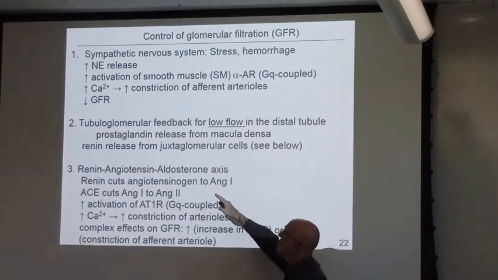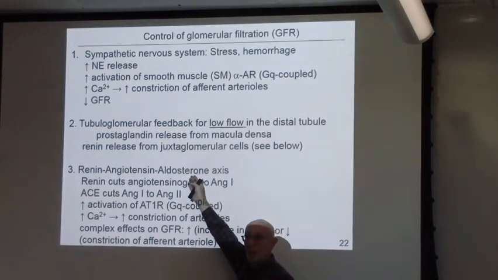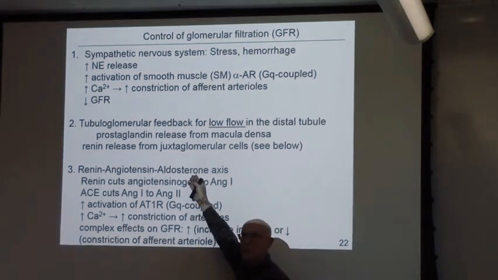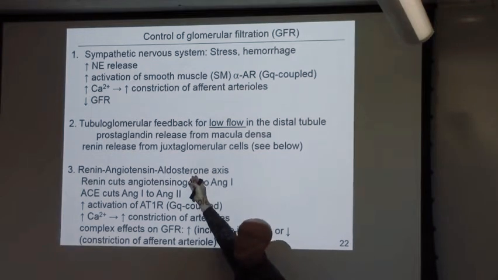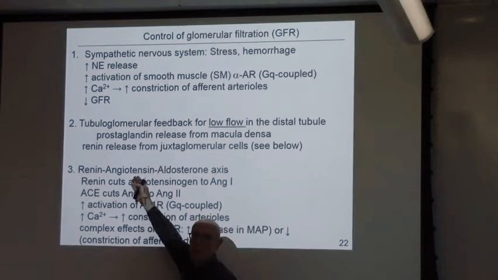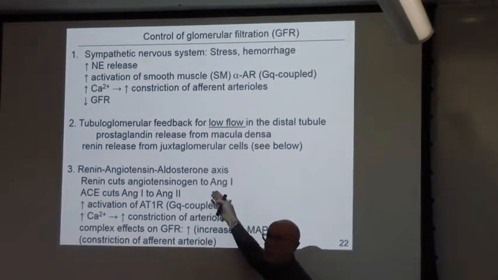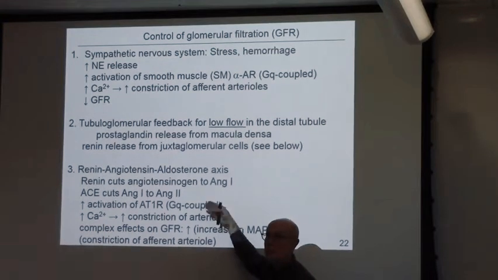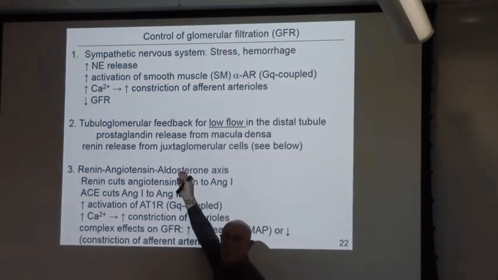Just to be clear, where is aldosterone coming from? It's coming from the adrenal cortex. We covered this in the other AMP. Aldosterone is produced in the adrenal gland and secreted in response to angiotensin. The adrenal also has angiotensin receptors that trigger the synthesis and release of aldosterone.